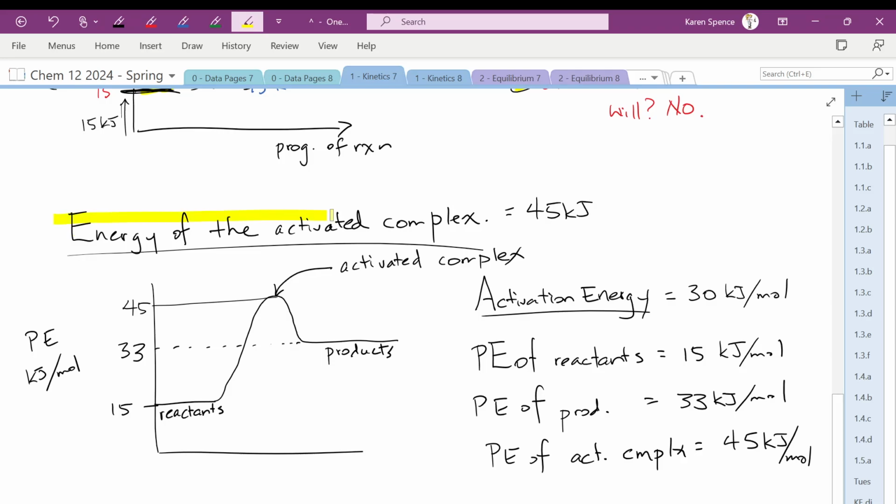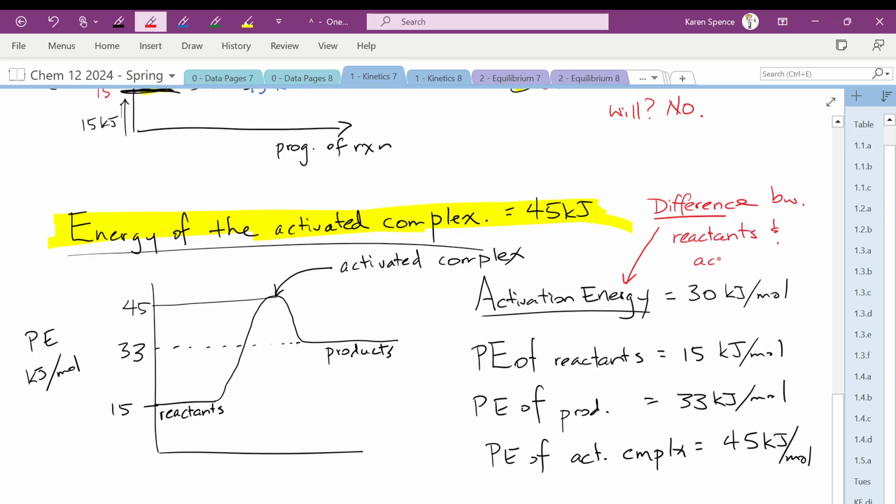the energy of the activated complex, which is the actual potential energy contained within the activated complex, as opposed to the activation energy, which is the difference between the reactants and the activated complex? Okay, so this one is the difference, delta, between the reactants and the activated complex.